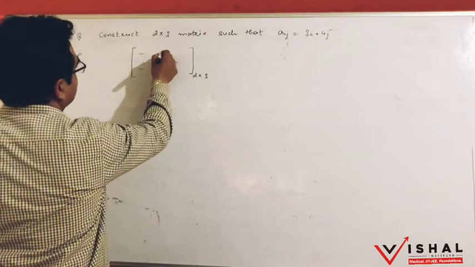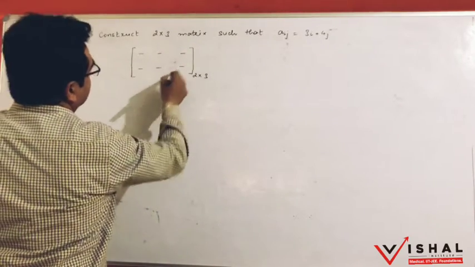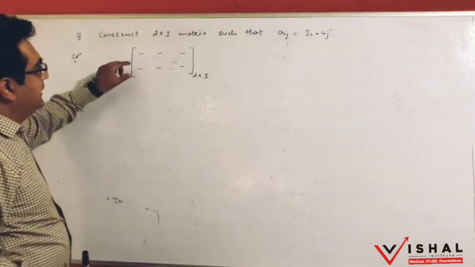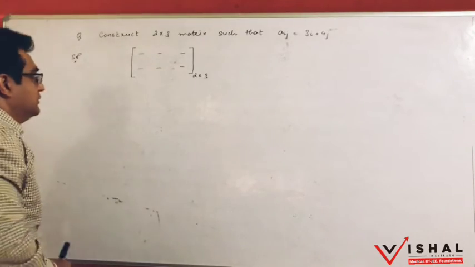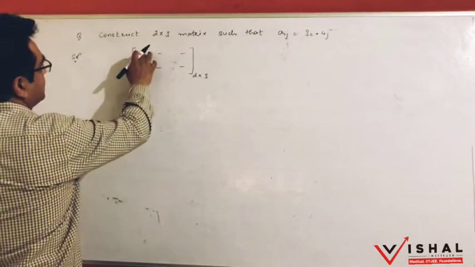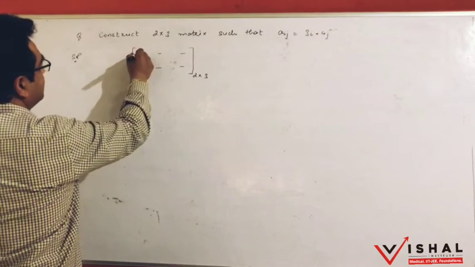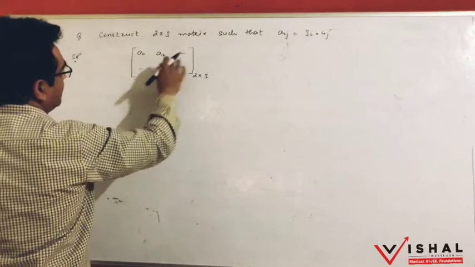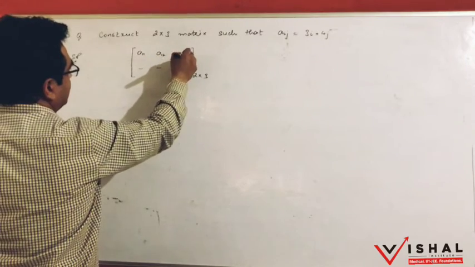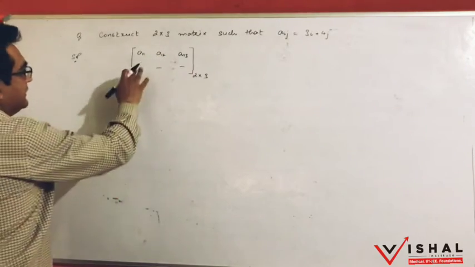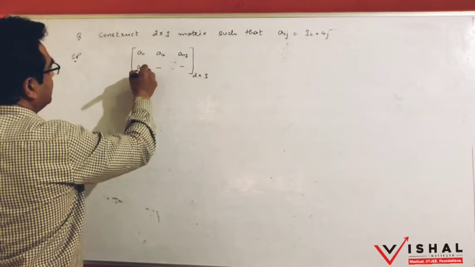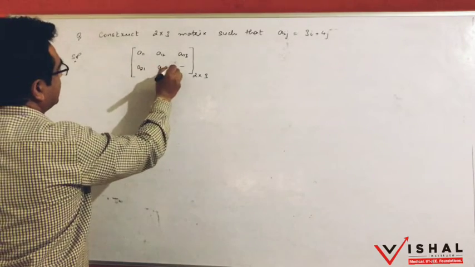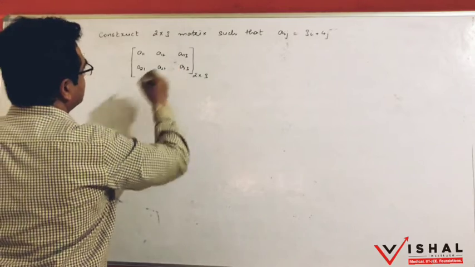So we have 2 rows and 3 columns. So this is written as A11, first row, first column. This is first row, second column, and this position is first row, third column. Similarly, this position is second row, first column. This is second row, second column, and this is second row, third column.